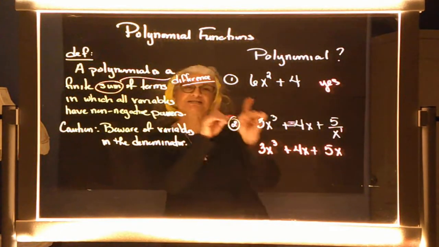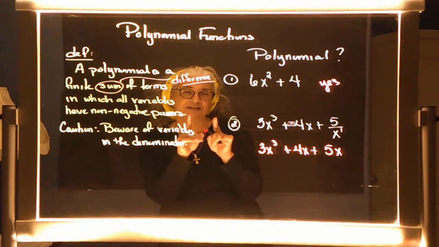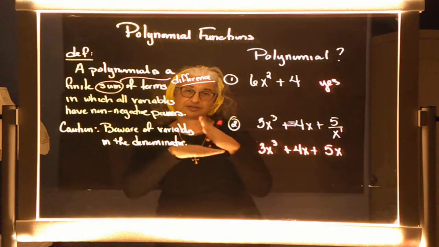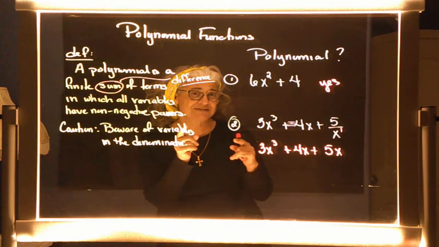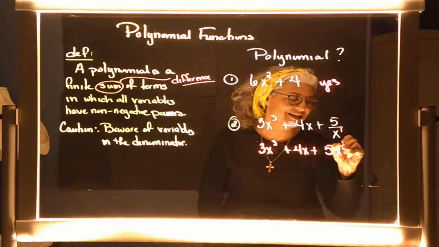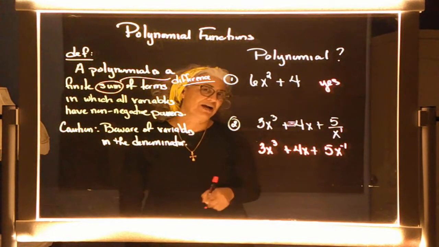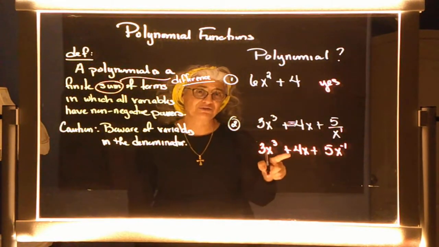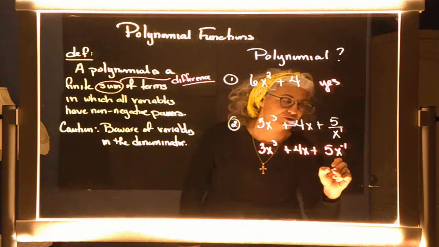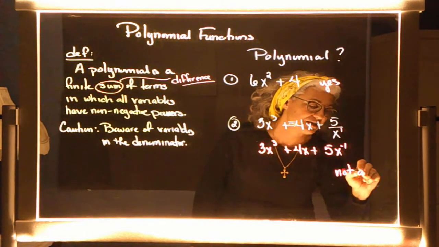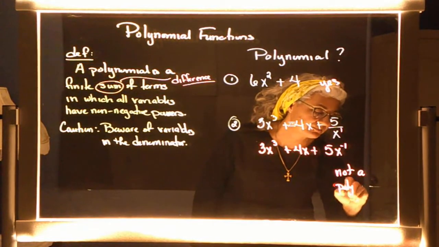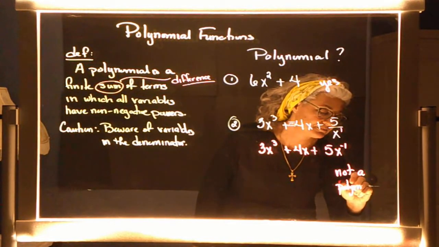But when you move it from the bottom to the top, you have to remember what happens to that power. Does it stay positive? You're right, it doesn't. It goes negative. And because the power is now negative, the answer in this case is no. It's not a polynomial.